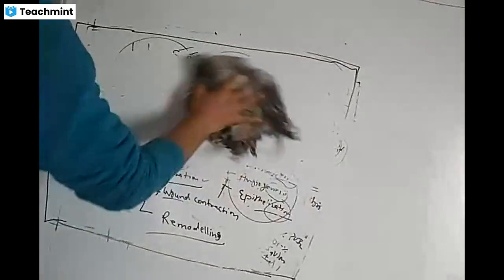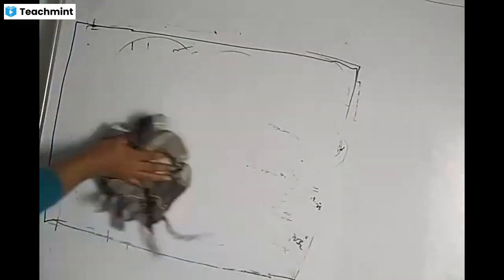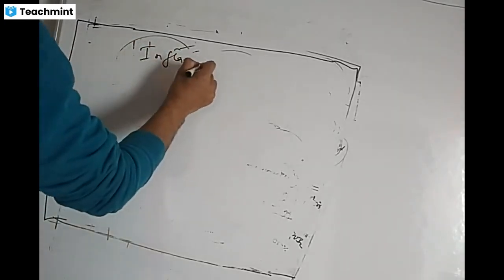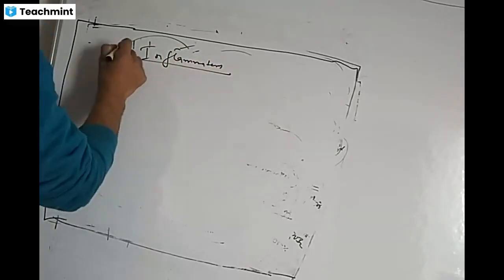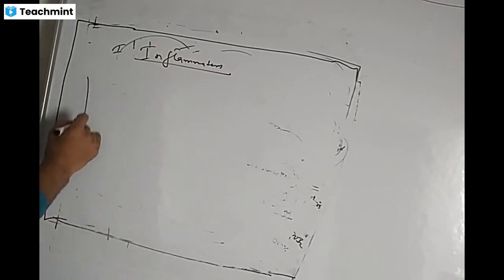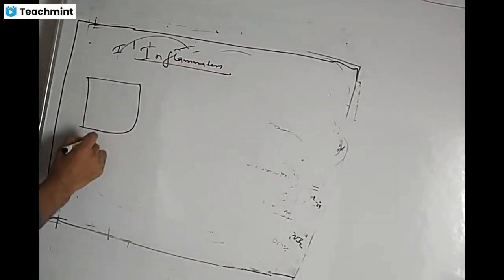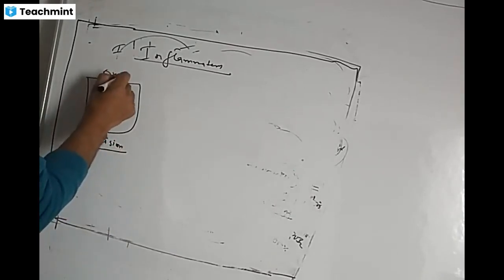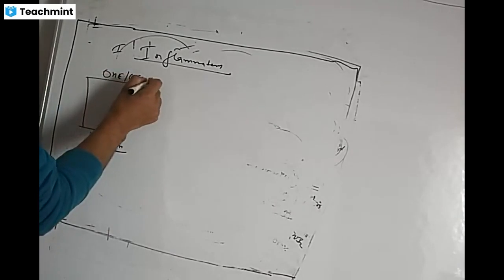So the first phase of wound healing is the inflammatory phase. As the name is self-explanatory, it is related to inflammation. Let's start with one incision. Suppose you are performing OHG or C-section and you put one incision.